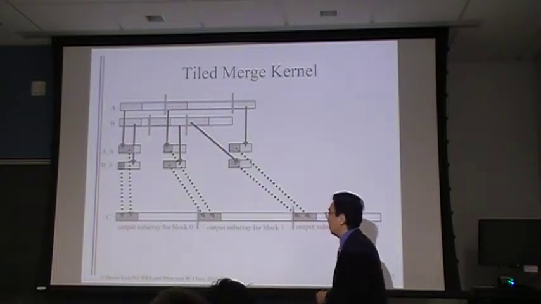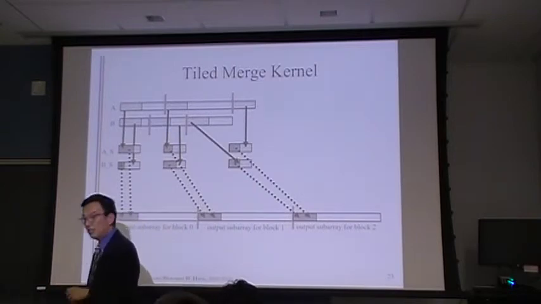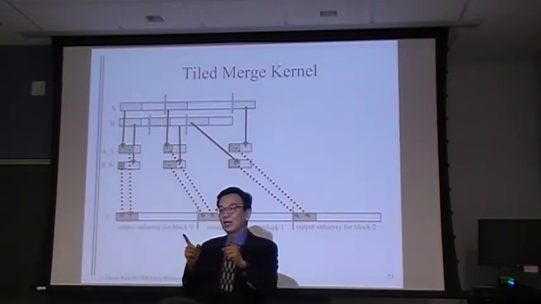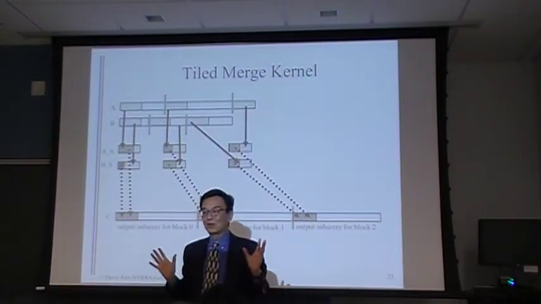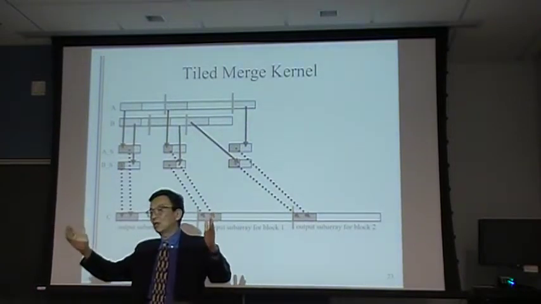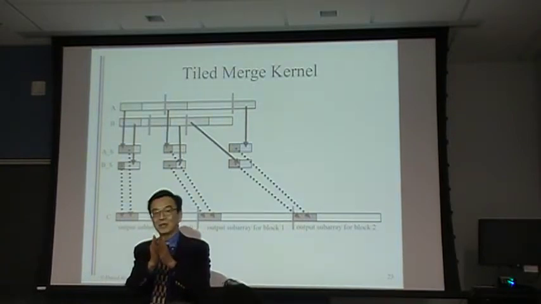First of all, instead of defining sections for individual threads, we're going to define sections of C for thread blocks. We're going to have much bigger sections, and each section is going to be covered by a thread block rather than a thread.